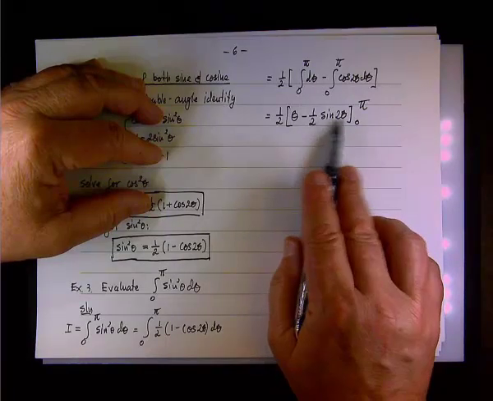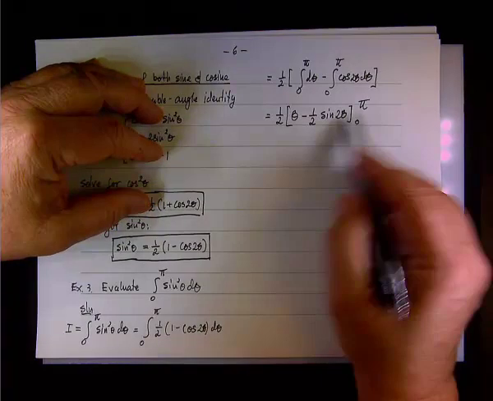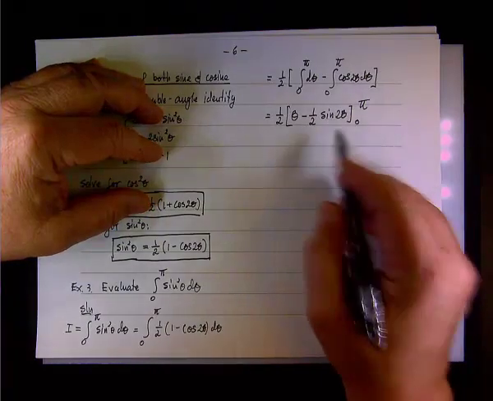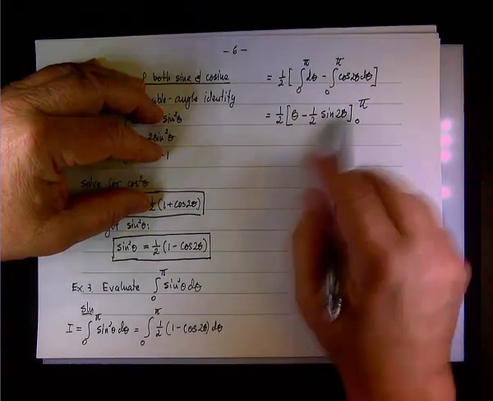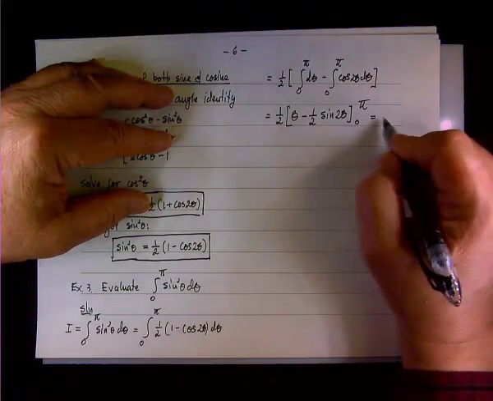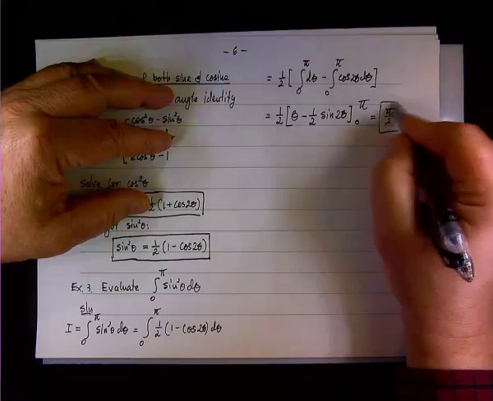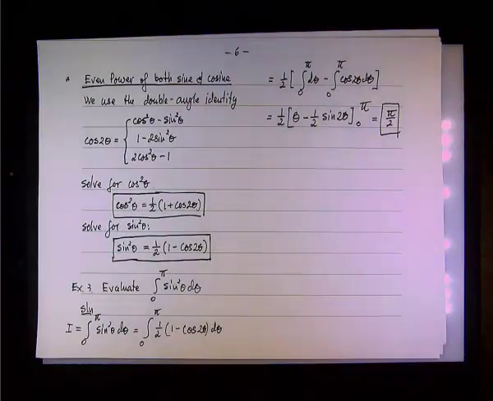What I did is the antiderivative of cosine 2 theta is 1 half sine 2 theta. If you take the derivative, you get 1 half times 2 cosine 2 theta. And of course, sine of 2 pi and sine of 0 are 0, so this term is 0, and we end up having 1 half times pi, or pi over 2.